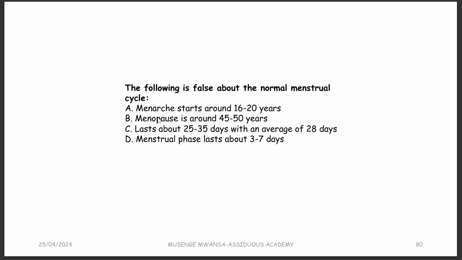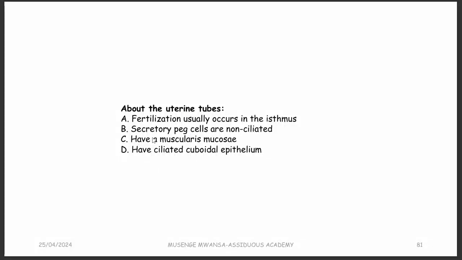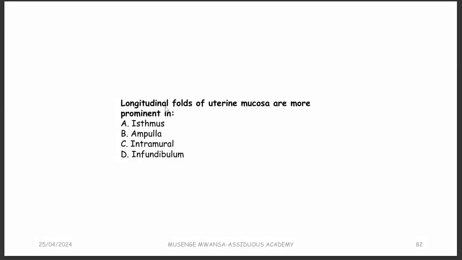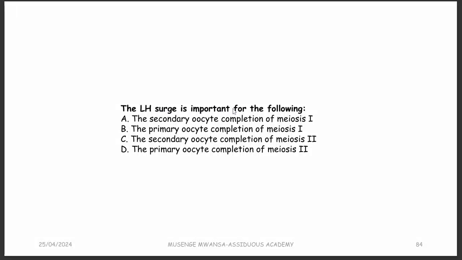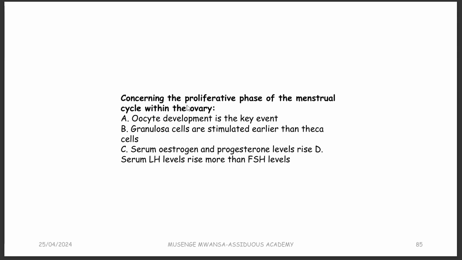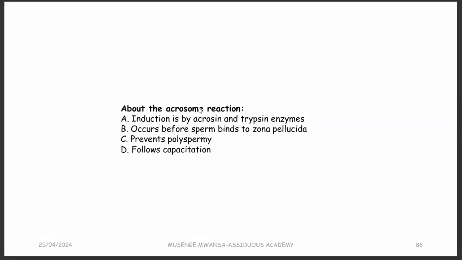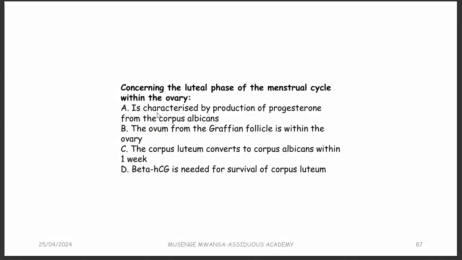The following is about the normal menstrual cycle, about the uterine tubes. You can answer that. Longitudinal folds of the uterine mucosa are more prominent in. Following are the actions of estrogen, except. The luteinizing hormone surge is important for the following, so look out. Concerning the proliferative phase of the menstrual cycle, within the ovary, about the acrosomal reaction, concerning the luteal phase.